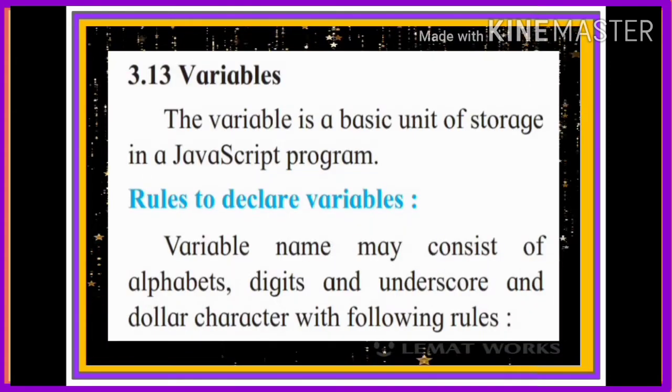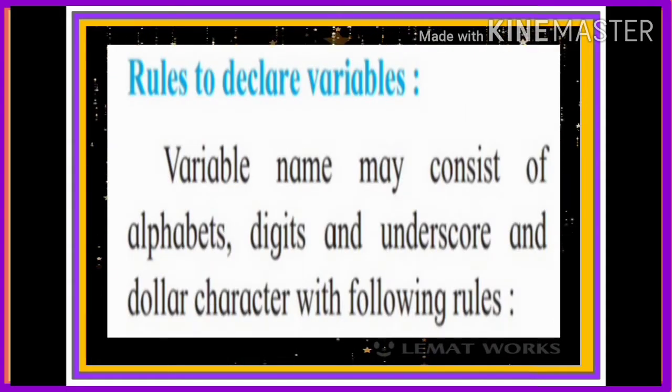Also, we have discussed about variables. The variable is a basic unit of storage in a JavaScript program. Also, we have seen the rules to declare the variables. Name may consist of alphabets, digits and underscore and dollar character with following rules.